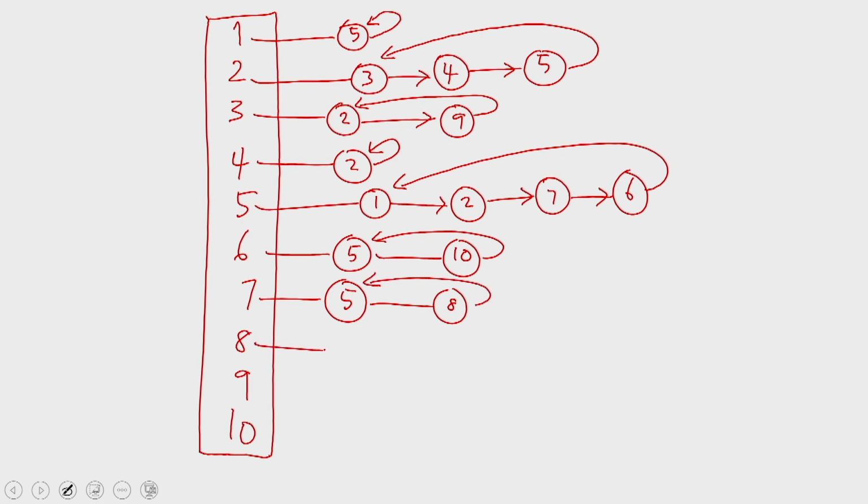And 8 has 7 alone. 9 has 3 alone. And 10 has 6 alone. So, this is the adjacency list representation of the graph.